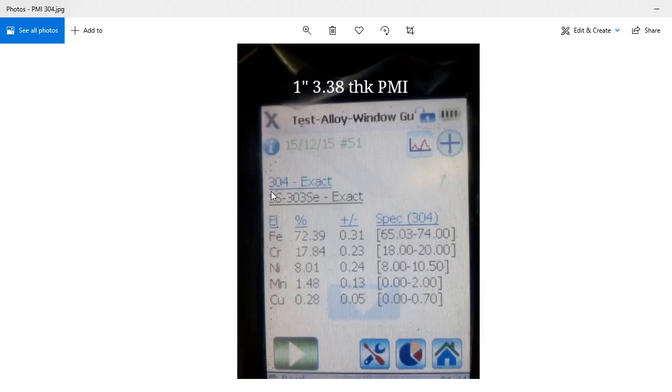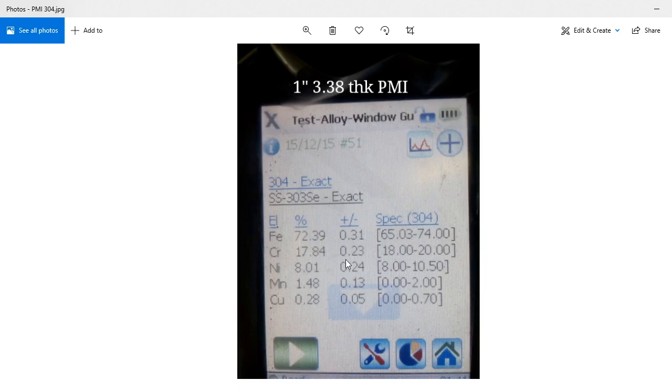Here you can see this is SS304, and what are the chemicals? Chromium 17%, nickel 8%, manganese 1.48, and copper 0.28%.